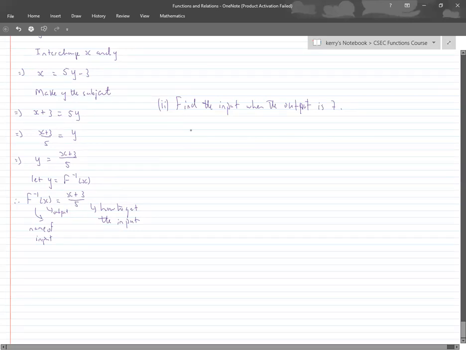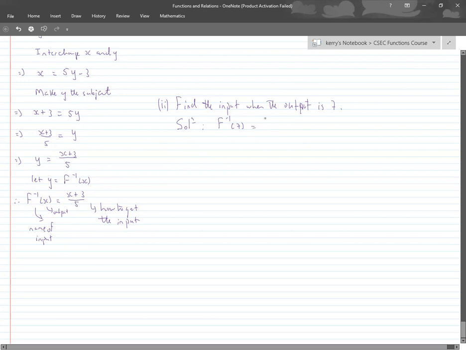What they are asking us to do is when the output, which is x, is 7. So a solution: in f inverse, they ask you to find f inverse of 7. Always remember that the inverse function is asking you to find the input.